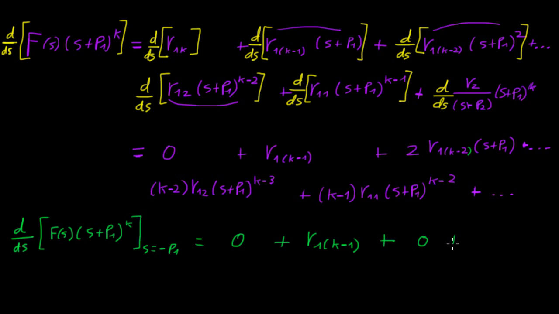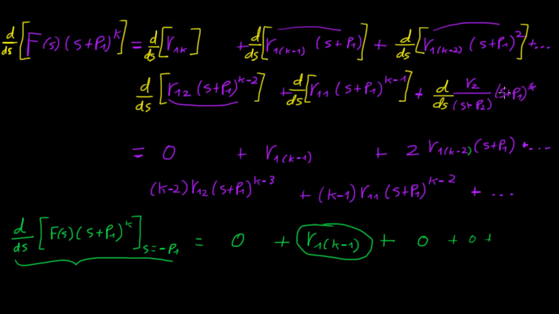All the rest of terms are 0 because there's still some s plus p1 term multiplying the residue. So here we have the formula for the second residue.